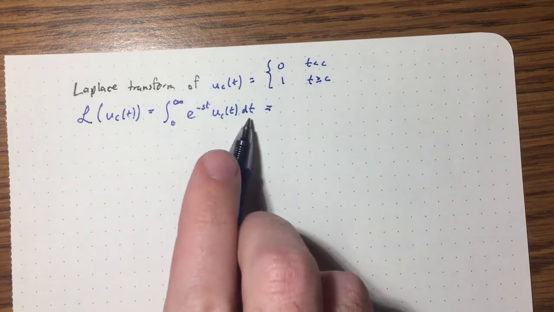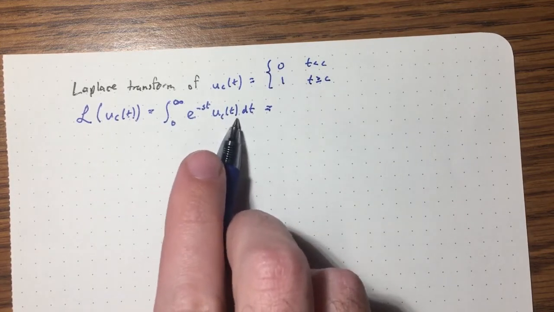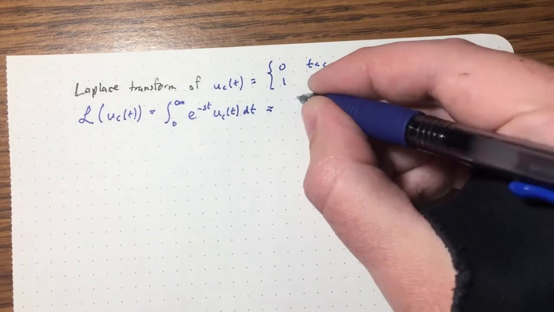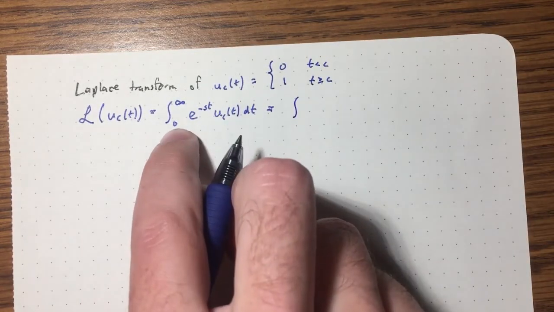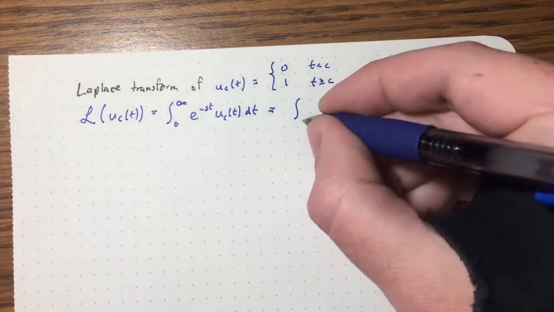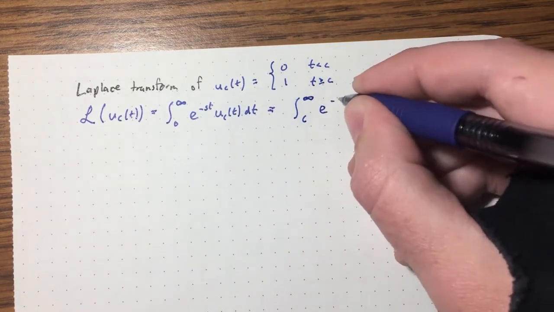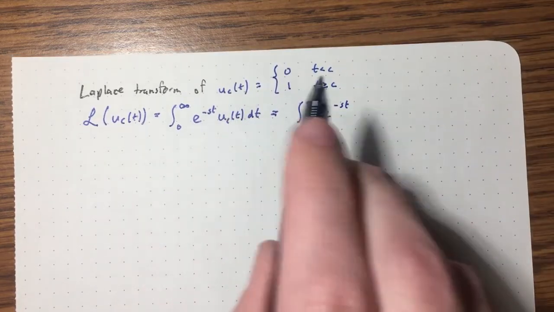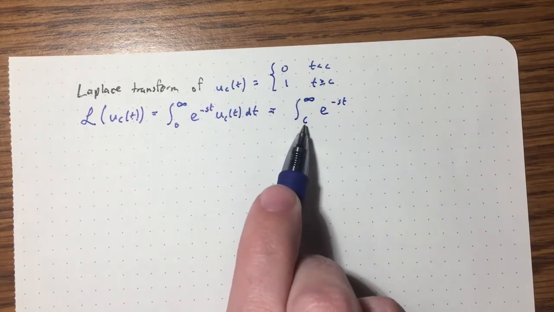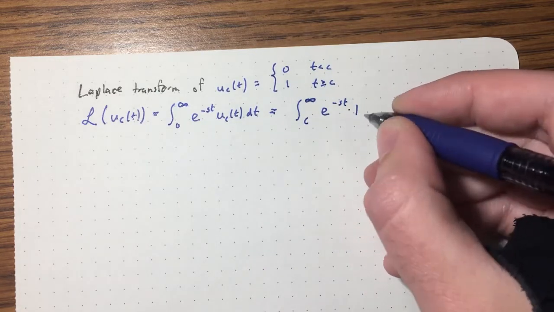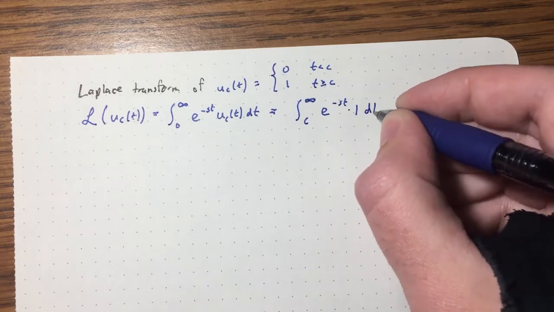And so when t is less than c, this whole integrand is just 0, right? So I can actually start at c instead of 0. So I'm going to do that. I have the integral from c to infinity of e to the minus st times uc of t, but if t is greater than c, that's just 1. So I don't even need to write uc of t. It's just e to the minus st times 1 dt.